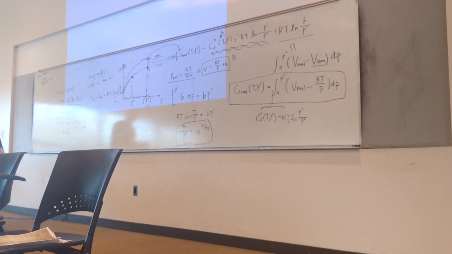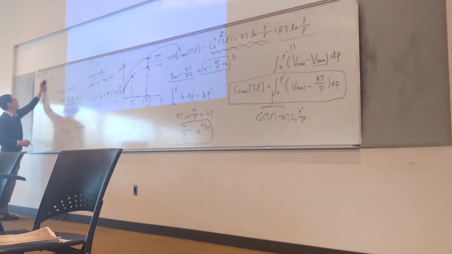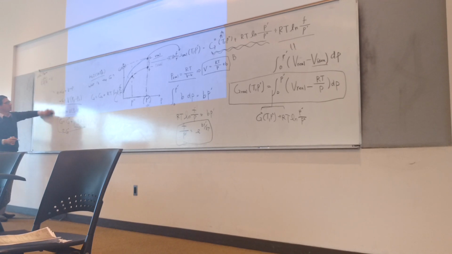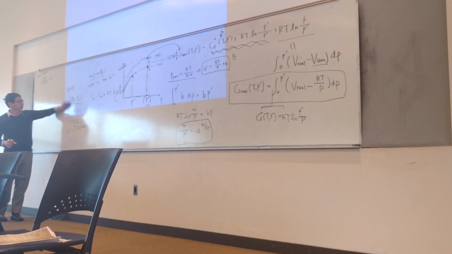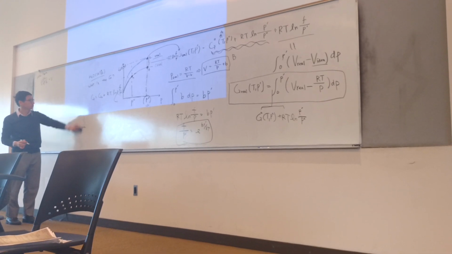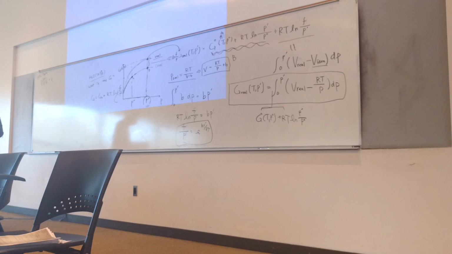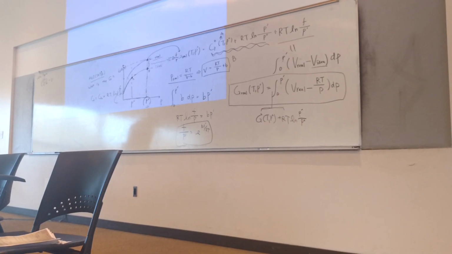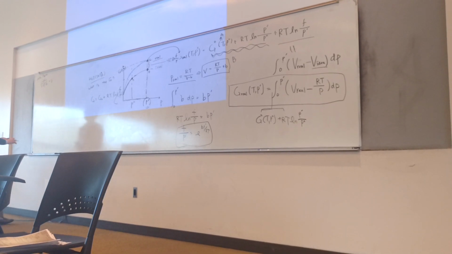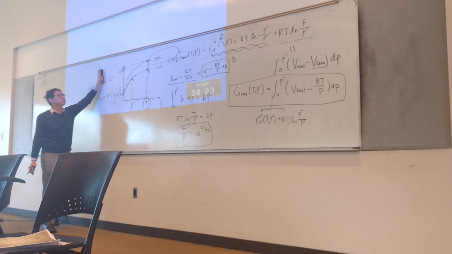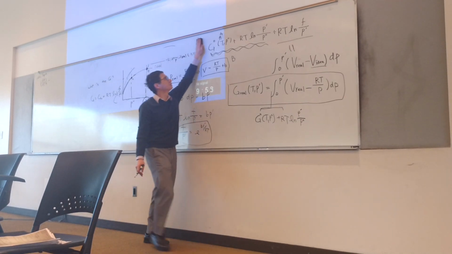Okay, so the very last one we want to discuss is the temperature dependence of the free energy. So we want to know partial G, partial T at constant P. So first thing you want to know, what is this equal to?